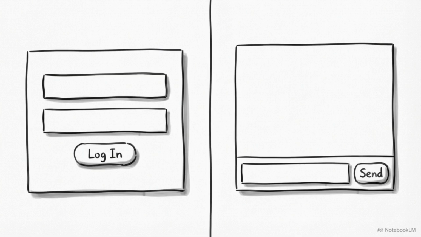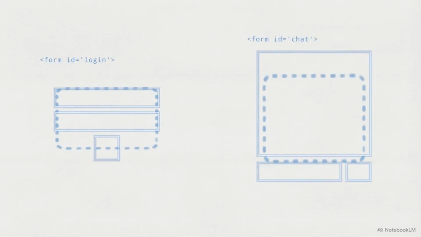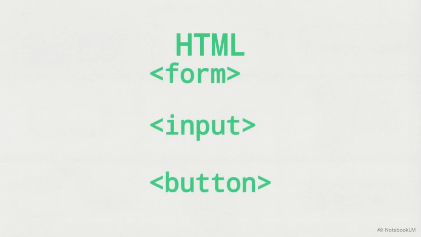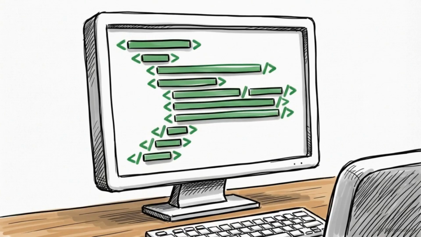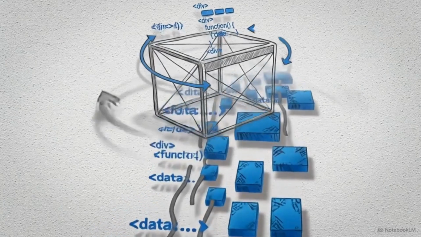Logging into an account or sending a message online relies on a hidden architectural framework called an HTML form. HTML stands for Hypertext Markup Language, the standard system of tags used to structure web pages. Historically, engineering these interactive fields required a developer to memorize and manually type out lines of complex syntax. Enter KompoZer.